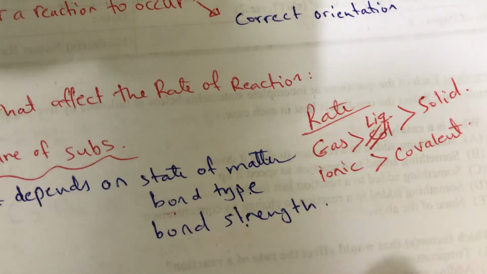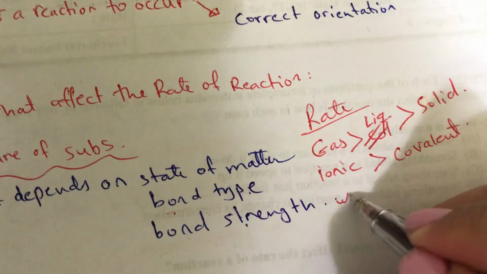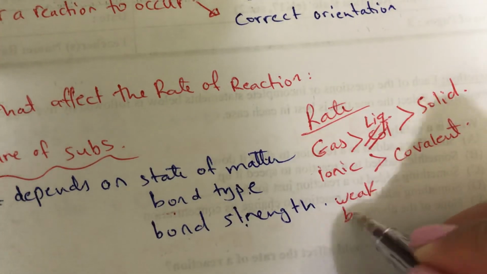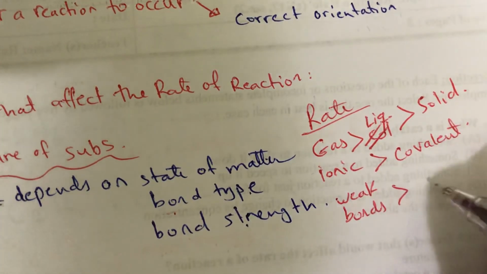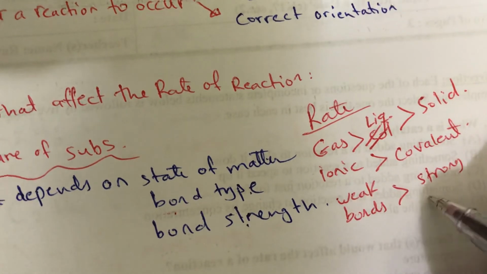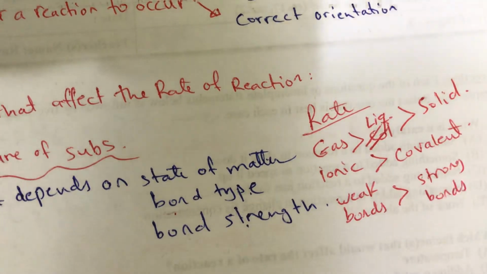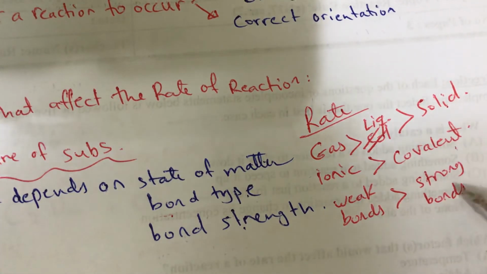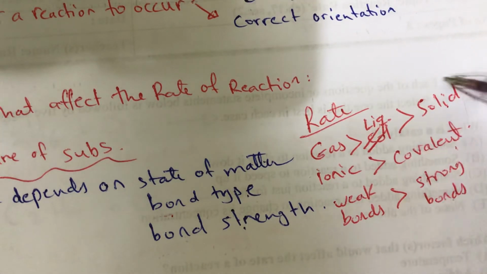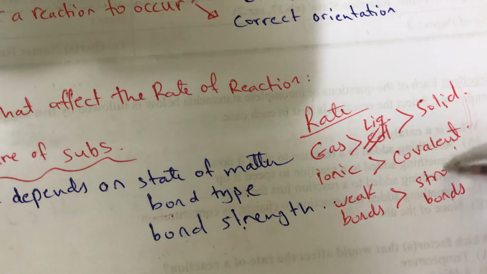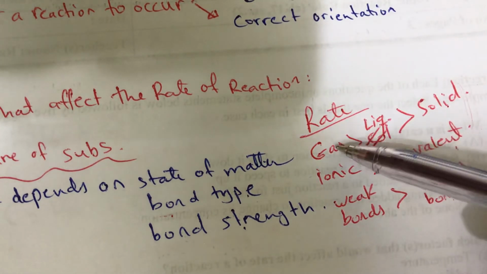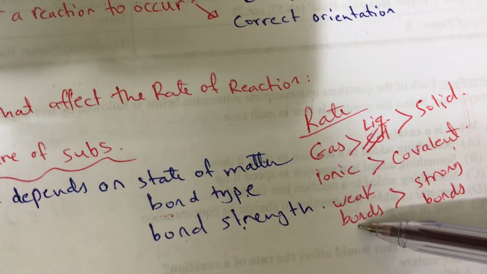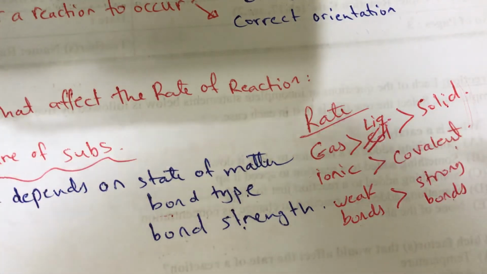According to bond strength, the rate of weak bonds is greater than the rate of strong bonds. Because in solid or covalent compound or compound with a strong bond, all of these need more energy, then the reaction occurs. But in gas or ionic compound or weak bonds, they need less energy, so the reaction occurs faster.